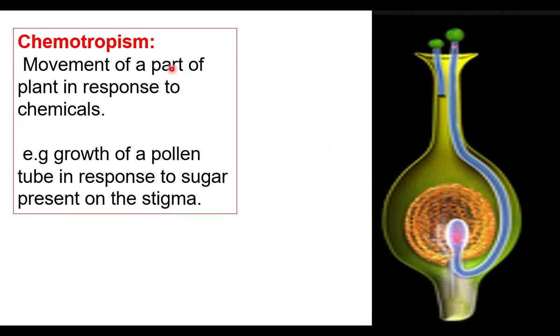Movement of the pollen tube in response to the chemical, that is sugar present on the stigma, is called chemotropism. This chemical signal or stimulus causes pollen tube growth in this direction. This is chemotropism.